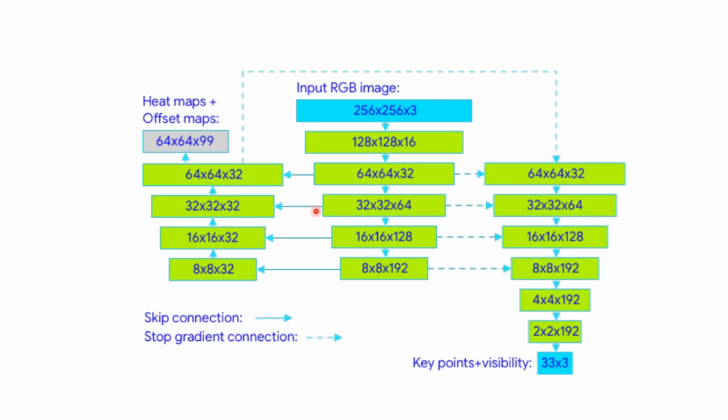This is followed by the key point regression branch, which reduces the size of the feature map to output 33 by 3, representing the X and Y coordinates and visibility of 33 body key points. During inference, the model omits the heat map branch, optimizing computation for real-time performance, which is crucial for mobile applications.